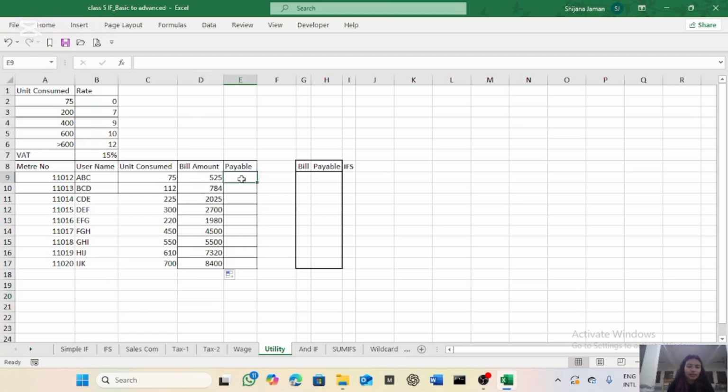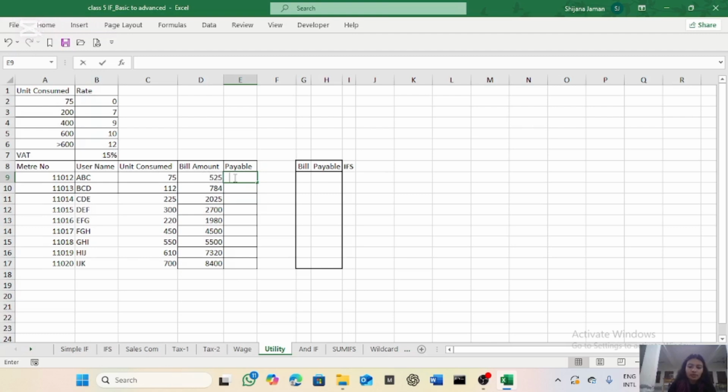Now we are calculating payable on our bill amounts. So for calculating payable, we have to multiply bill amount with our tax rate.